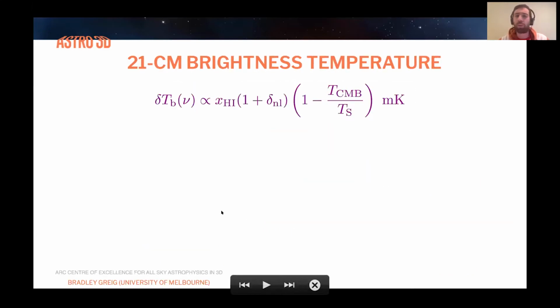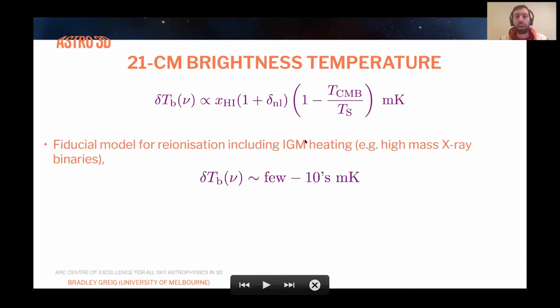So if we return to the brightness temperature equation that I showed previously, cull a lot of the terms, we're left here with the ionizing morphology, the gas density, and the temperature of the IGM. Now, in these vanilla models of reionization I was talking about before, we assume that the IGM undergoes some form of heating. So this may be from high mass X-ray binaries.